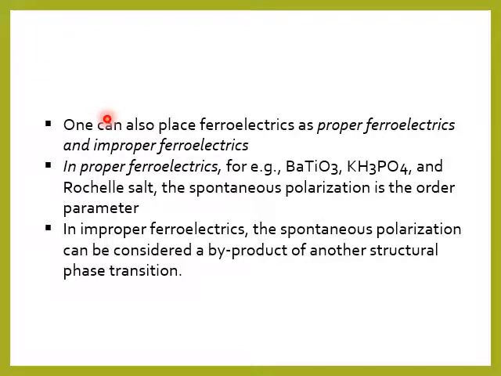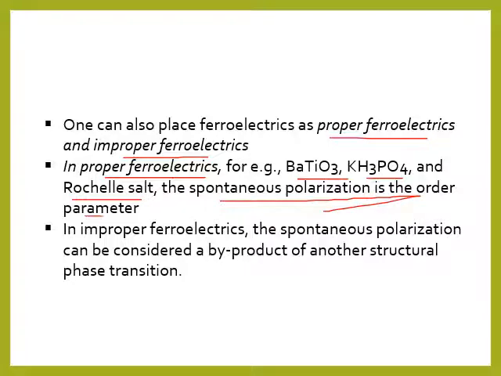Here is another classification of ferroelectric material. What are the two types according to this classification? Proper ferroelectric materials and improper ferroelectric materials. In proper ferroelectric materials, for example, barium titanium oxide, potassium hydrogen phosphate, Rochelle salt, the spontaneous polarization is the order parameter.